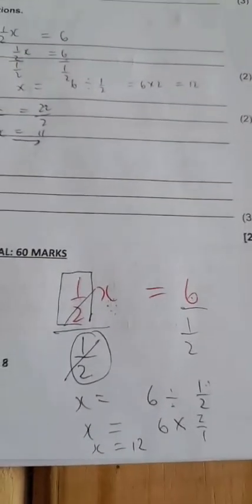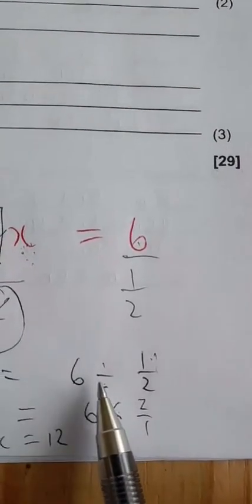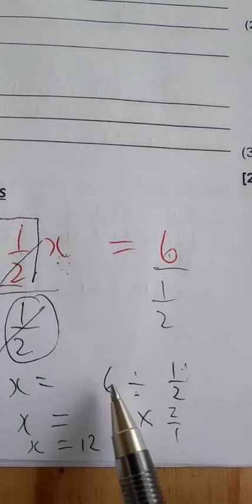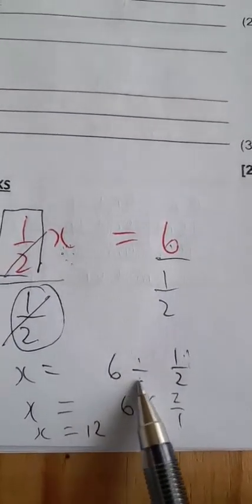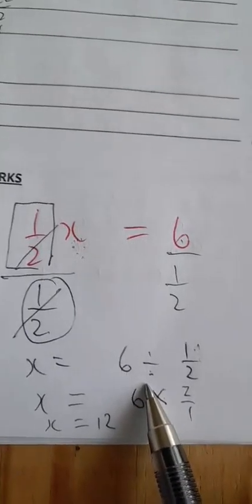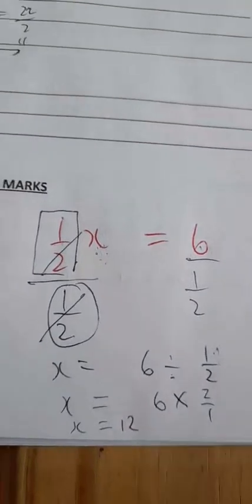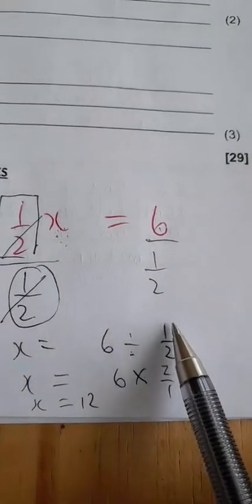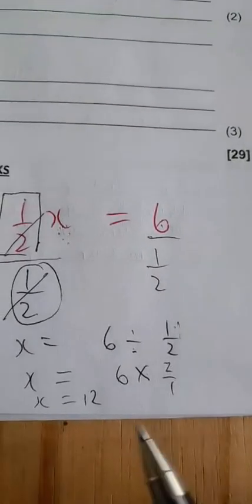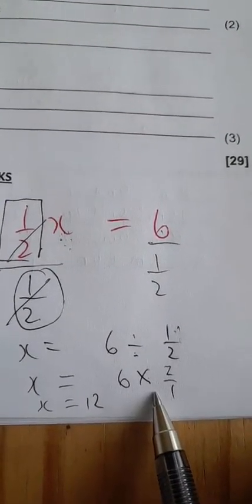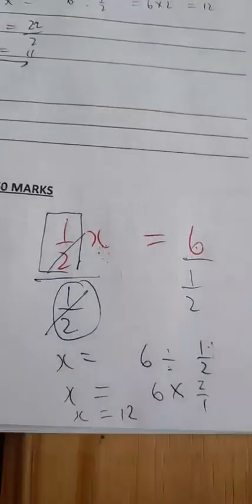Why are we multiplying? So there's a rule in mathematics that if you have 6 divided, so for instance, we have 6 divided by half, we change the divide sign to multiply. And then this means that this fraction, we write it in its inverted form. So it's no longer 1 over 2, it's actually 2 over 1. This is something that in grade 7 and 6, you guys should have done, writing a fraction as its reciprocal.